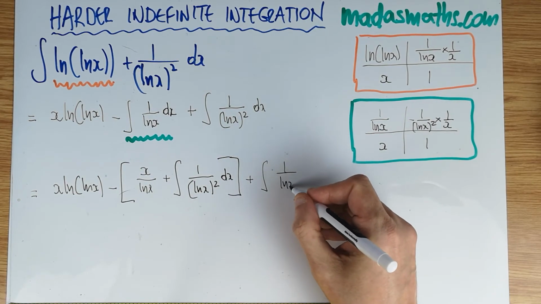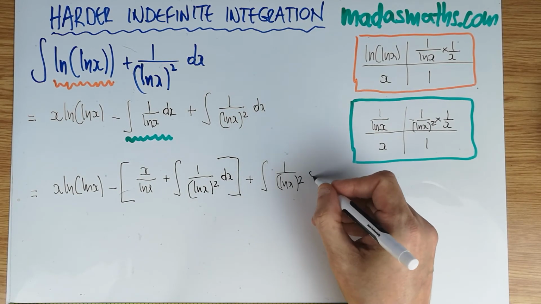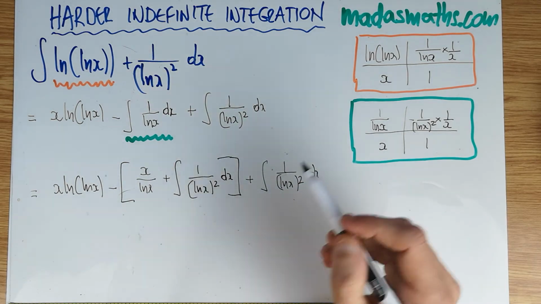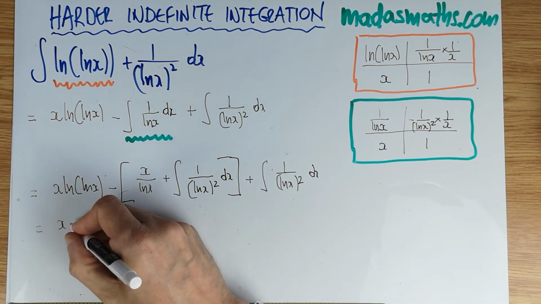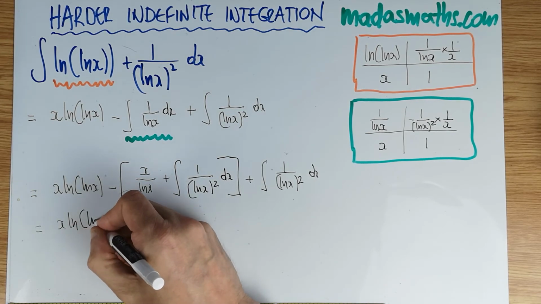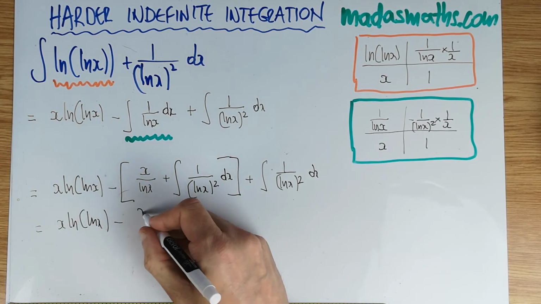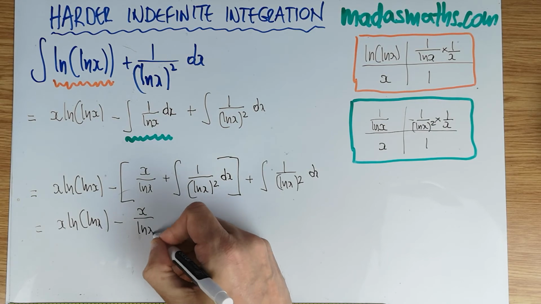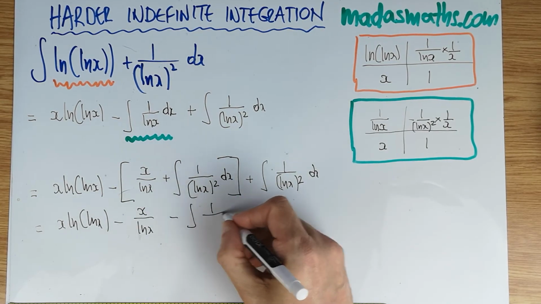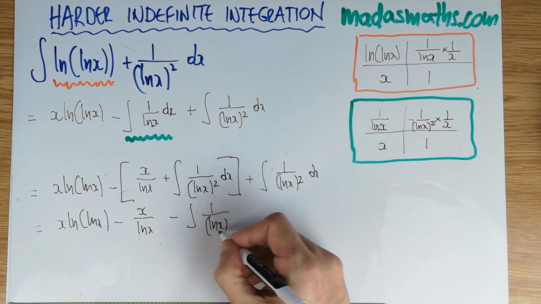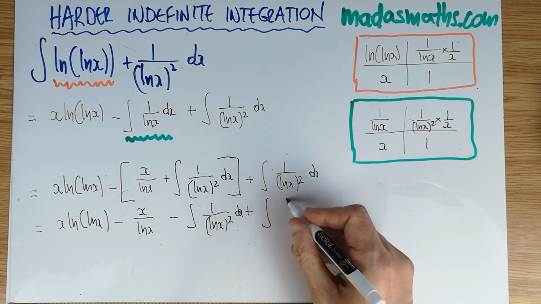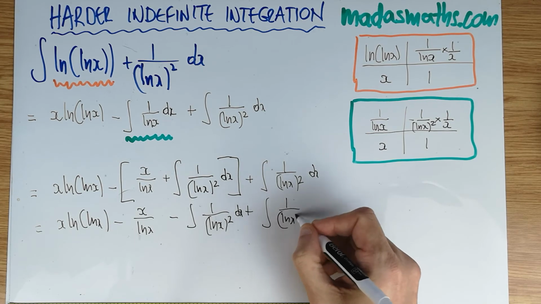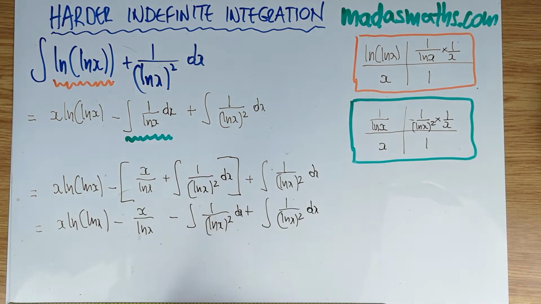I think our integration is all done now. It will finish on the next line. Actually, let me just copy it all out so we can actually see it. Log of x minus x over the log of x minus the integral of 1 over the log of x all squared dx, plus, of course, the same integral, 1 over the log of x all squared dx.